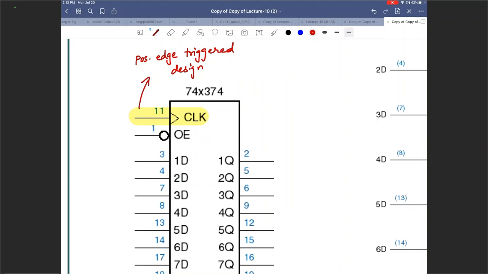Next, OE stands for output enable. It is related to the tri-state buffer, and we'll talk about that. It's active low in this case.